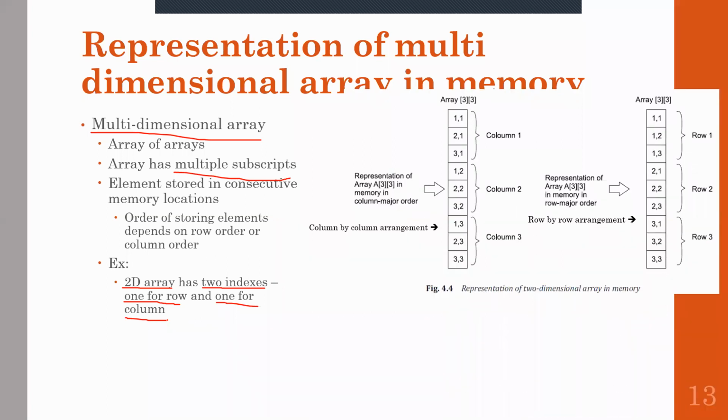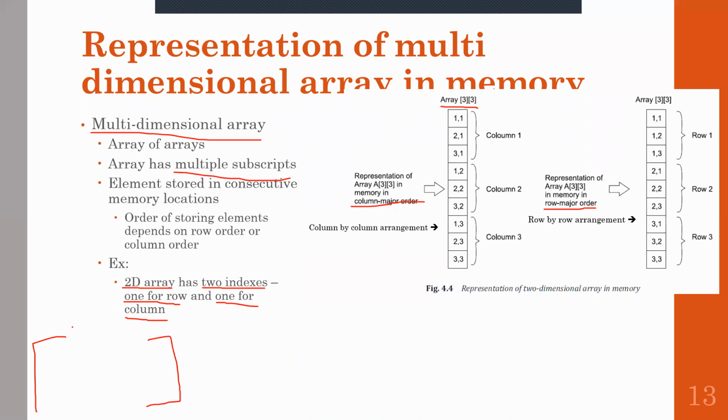Now let us have a look at what is meant by column order and row order. It is actually called column major order and row major order. Now, how are the array elements of a multidimensional array represented in memory? Here we are considering an array having 3 by 3 elements, that is, there are totally 9 elements.